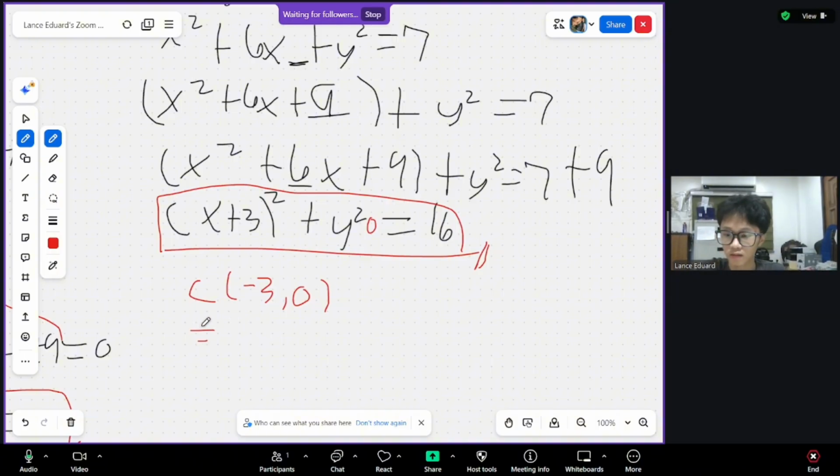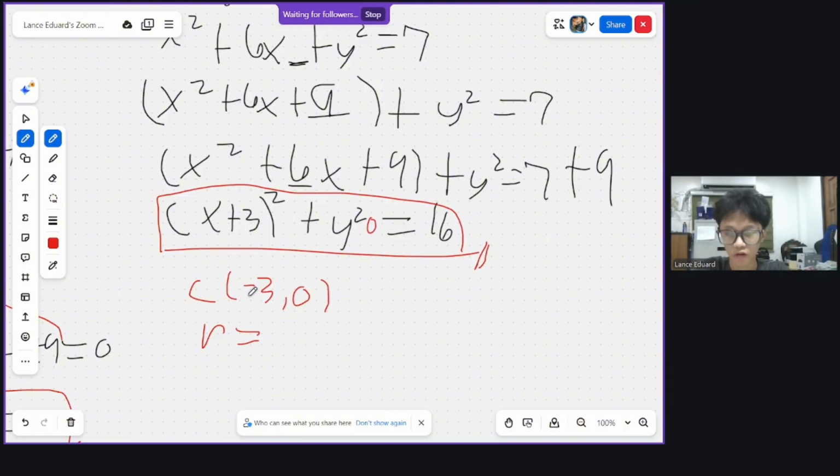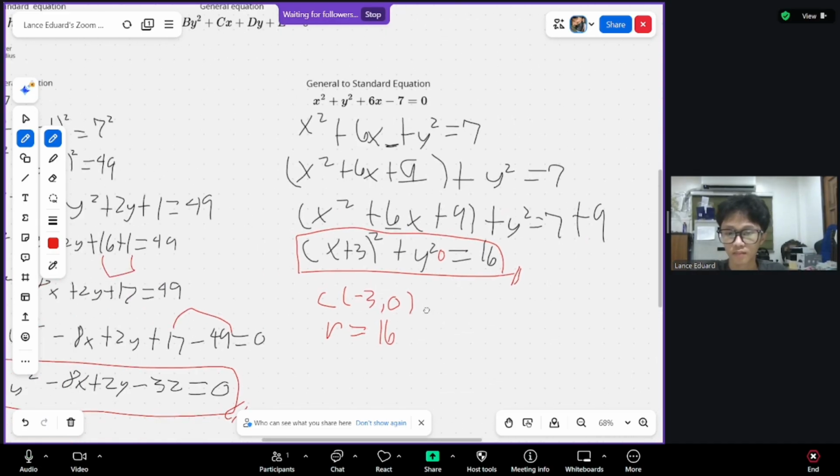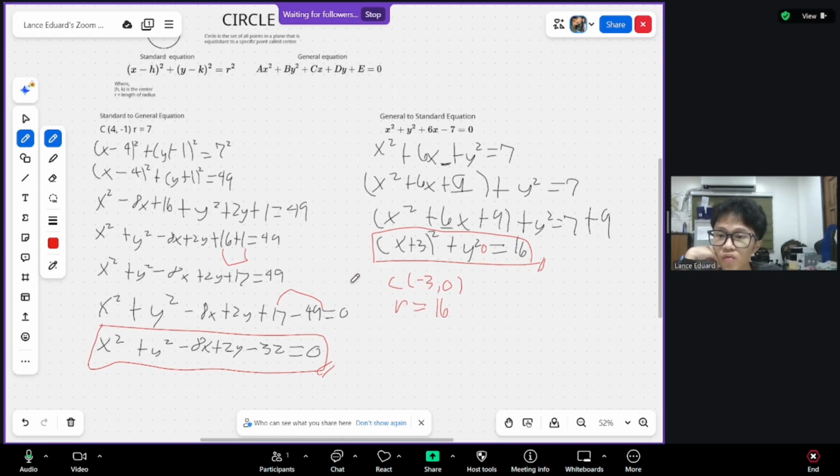And our r is going to be equal to square root of 16, right? Wait, let me double check. Anyway, our r is going to be 16, and that is how to solve standard to general equation and general to standard equation.